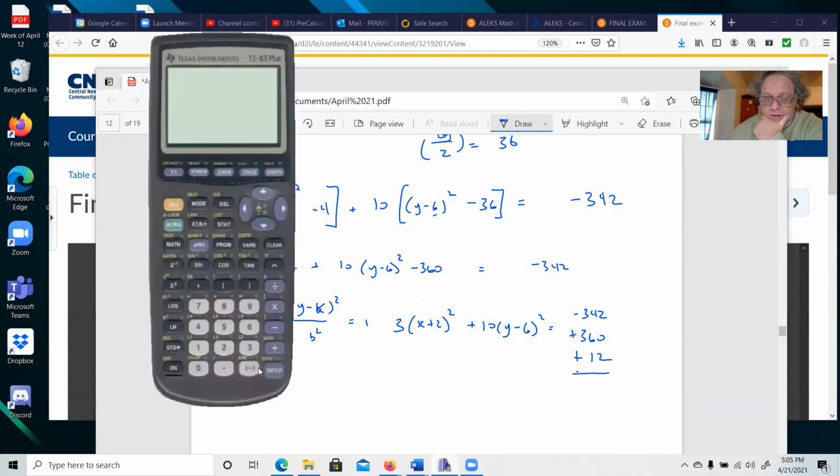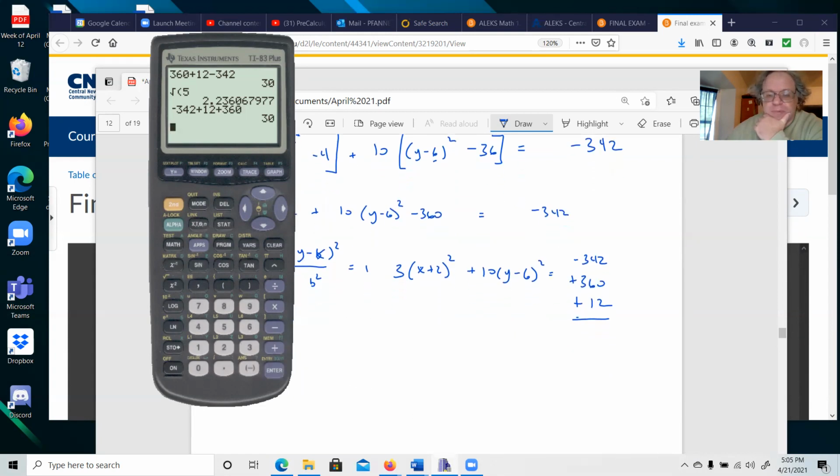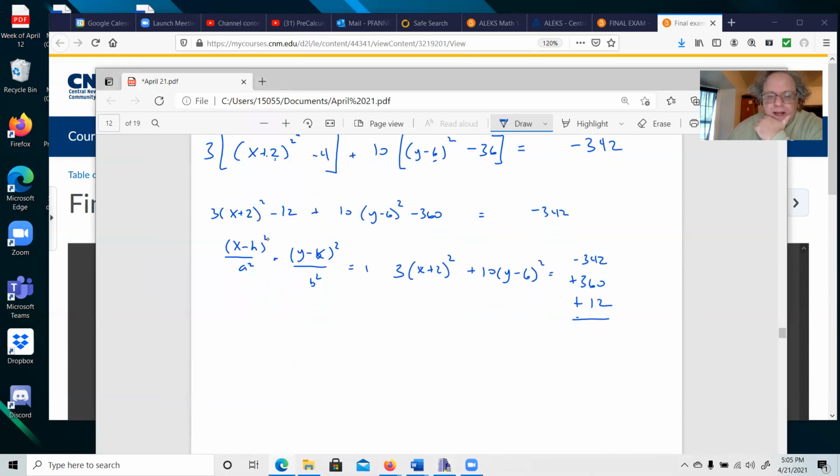I think it gives us 30, but I don't know. Negative 342 plus 12 plus 360 gives us 30. Go figure. We have 3(x + 2)² plus 10(y − 6)² is equal to 30.